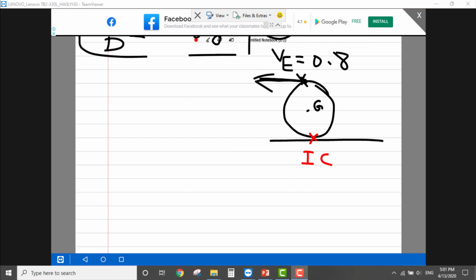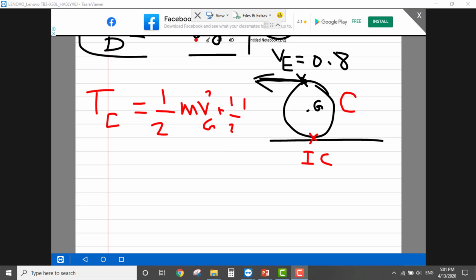So if this is the point of zero velocity, and before continuing with this strategy, let me show you why I need to benefit from the IC point. First of all, I need to calculate the kinetic energy of this cylinder, and we name this cylinder C. So the kinetic energy of cylinder C equals the general equation, half M Vg squared plus half Ig omega squared.